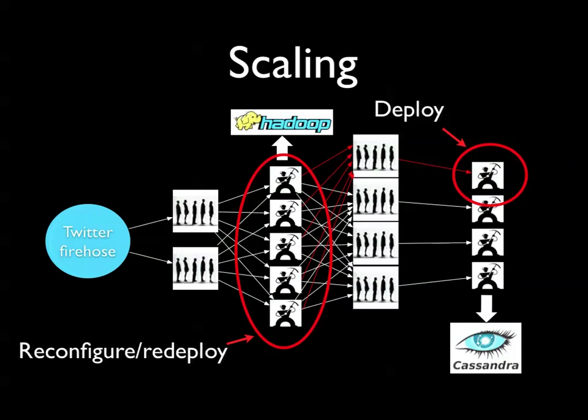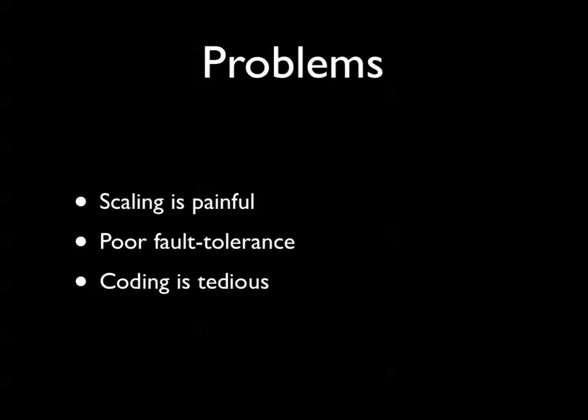But then where it gets kind of nasty is that you actually have to reconfigure and redeploy the first set of workers, because now that there are more consuming workers, the hash mod algorithm needs to be updated to know, oh, there are more workers, so we're going to distribute the URLs differently. So you can see there are these cascading dependencies throughout the architecture. Scaling one piece requires changing other pieces in the system. So scaling a system like this was pretty painful.